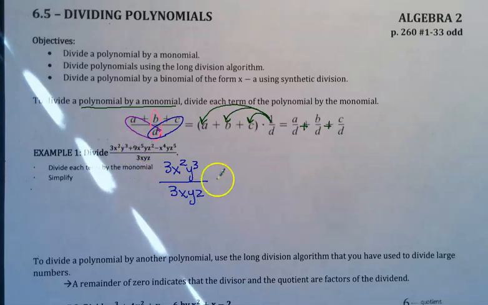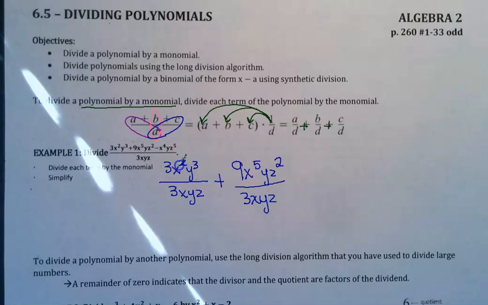Then we have a plus sign, so I'm going to put plus. My next term in my polynomial is 9x to the fifth y z squared, over the monomial in the denominator.